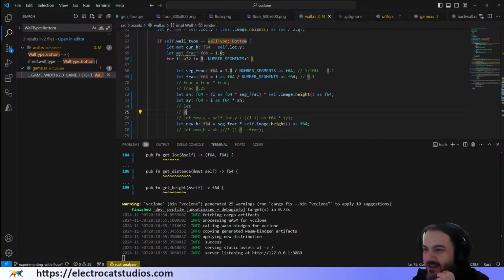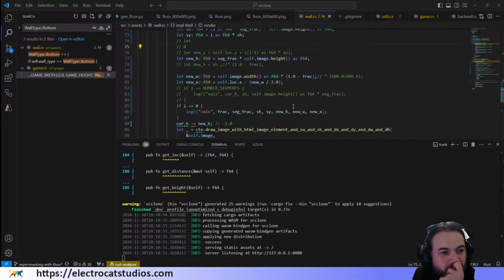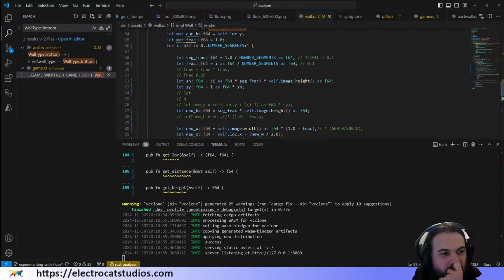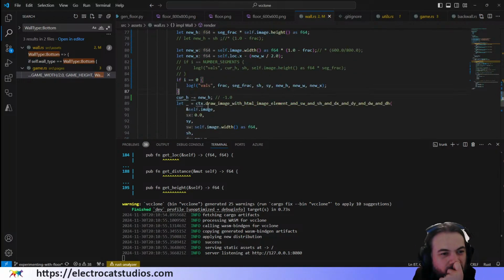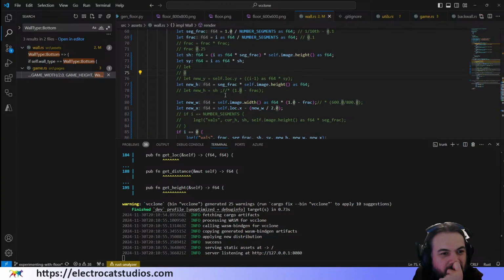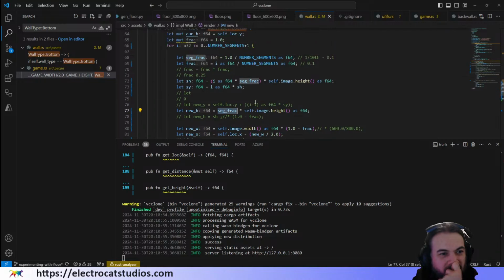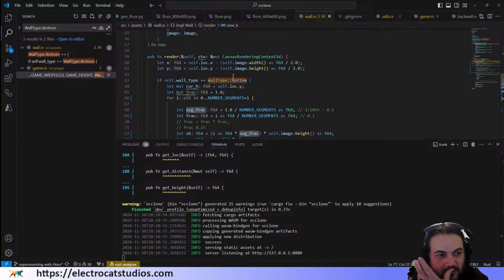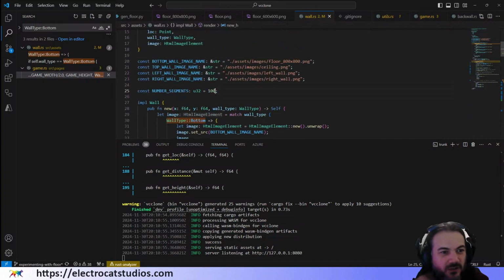Why has that done that? That's a really weird output. This equals new height. Okay. So the new height is the segment fraction, which is 0.1. Let's go back to 10.